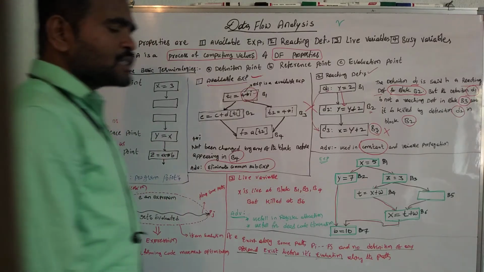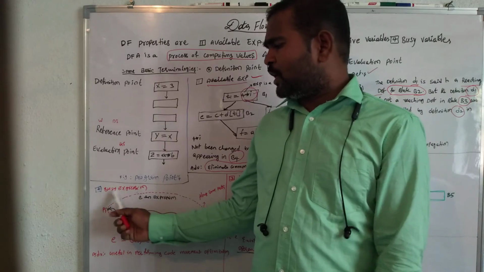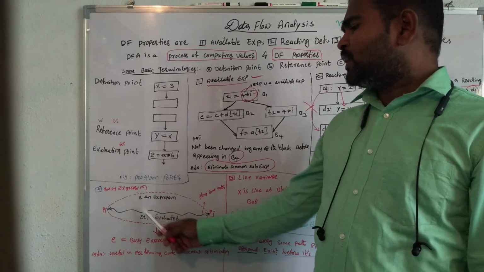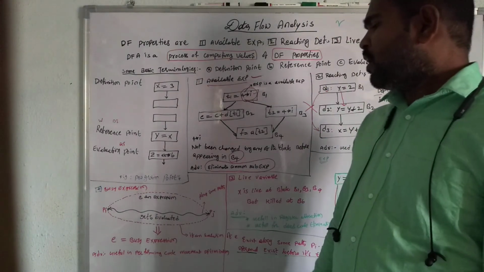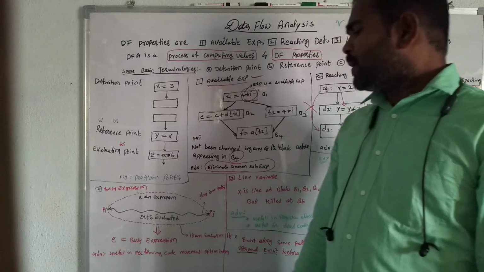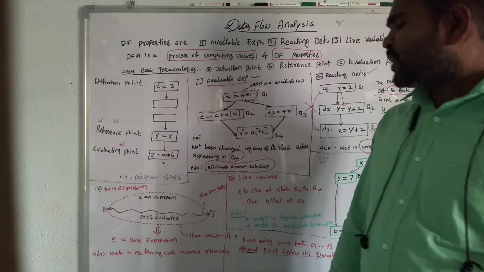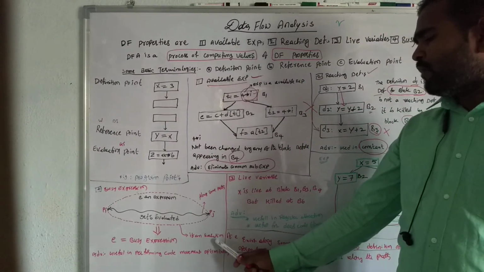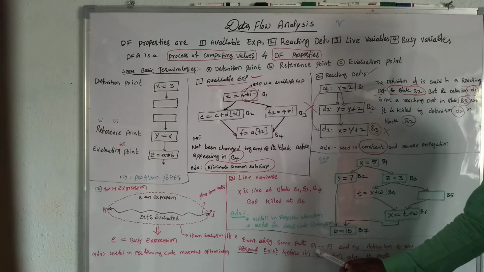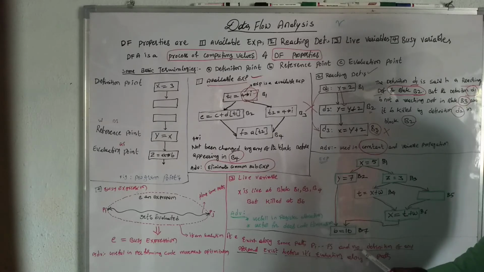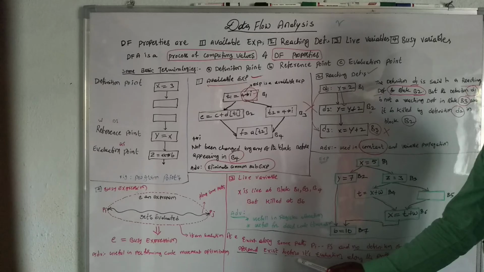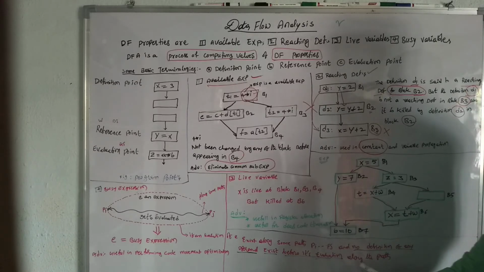The next and last one is busy variable. So a busy expression: an expression E is a busy expression along some path Pi to Pj, if an evaluation of the expression exists along some path Pi to Pj, and no definition of any operand exists before its evaluation along the path.